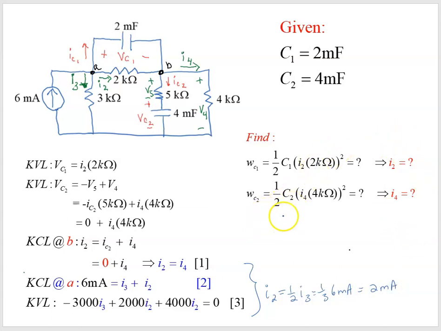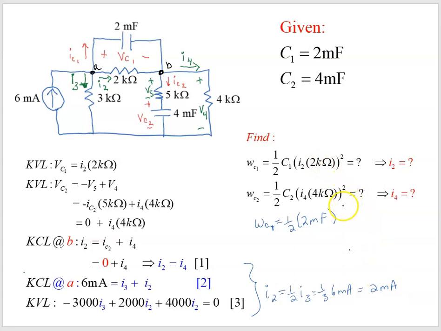We can solve for our energy in capacitor 1. W1 is equal to 1/2. Our C1 is 2 millifarads. And then we have 2 milliamps times 2 kiloohms.